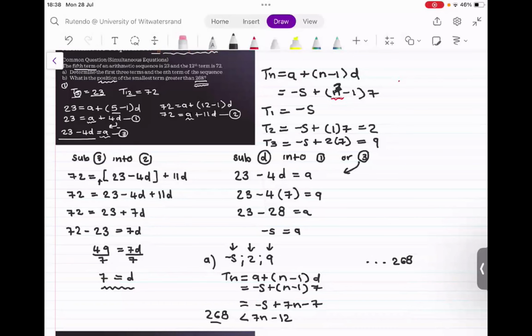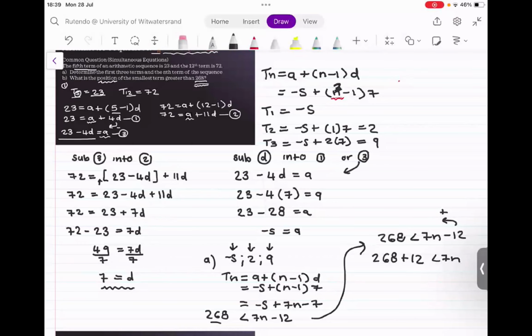And so we can solve this like a normal inequality. 268 is less than 7n minus 12. So I'm going to move that 12 to the other side, so it becomes positive. So 268 plus 12 is greater than 7n.